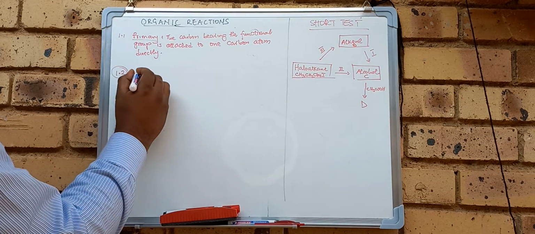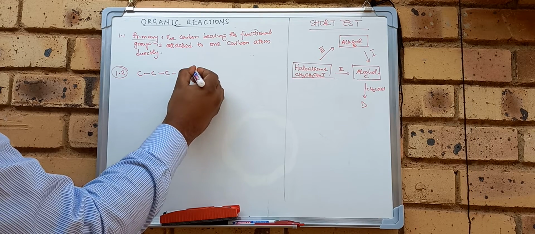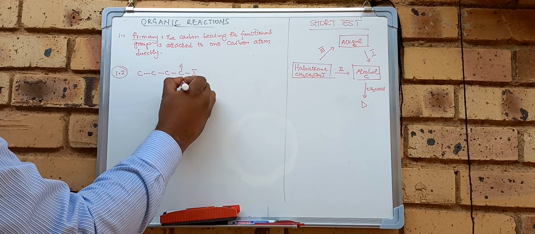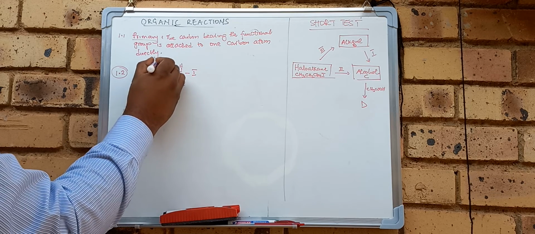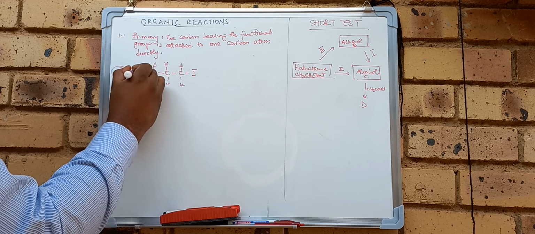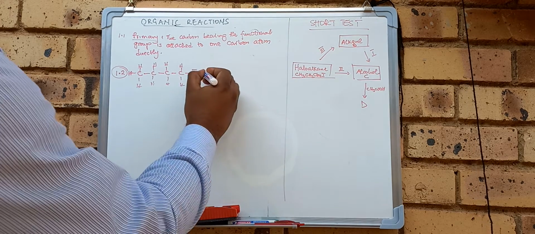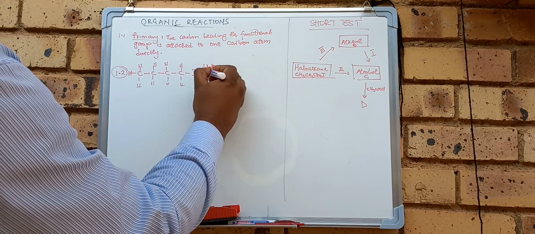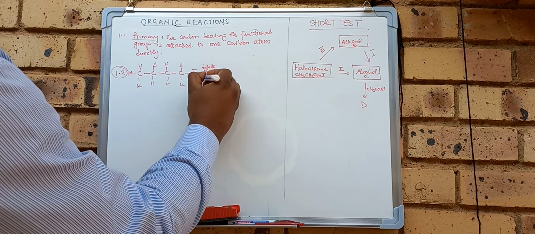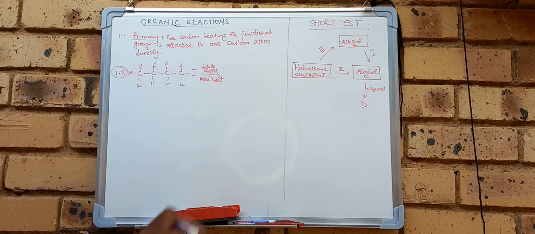So here we are given 2, 3, 4, you have hydrogens attached. So here we are using a dilute sodium hydroxide, and we are applying heat, but we are heating gently.